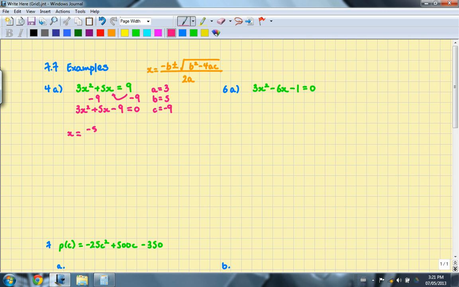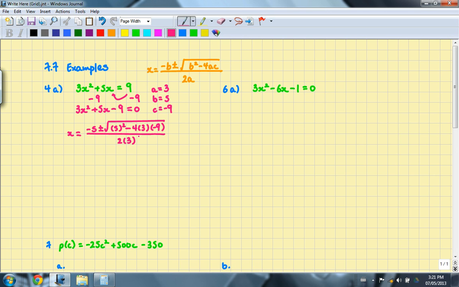Negative 5 plus or minus bracket 5 squared minus 4 times 3 times negative 9. And that, of course, is all underneath the same square root. And that will be divided by 2a, which is going to be 2 times 3. Okay.